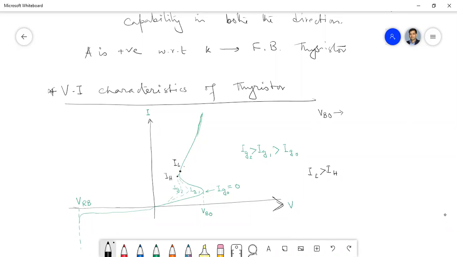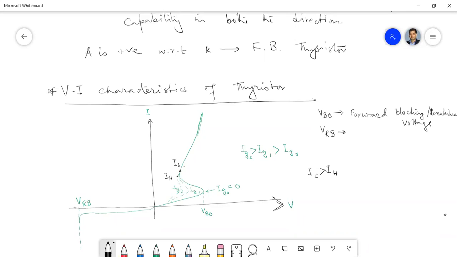I've already told you that. Breakover voltage? Forward blocking voltage? Forward blocking, breakdown. Breakover or blocking, anything you can write. In the forward direction we generally don't say breakdown, we say blocking, so it can be called blocking, or breakdown.